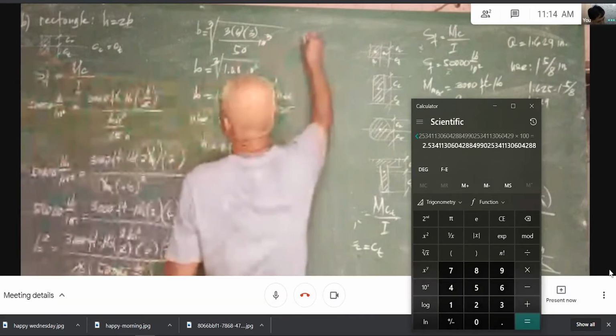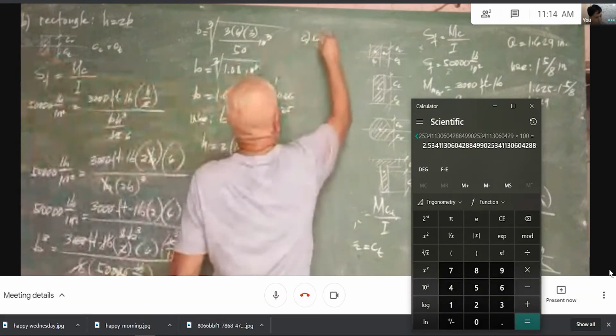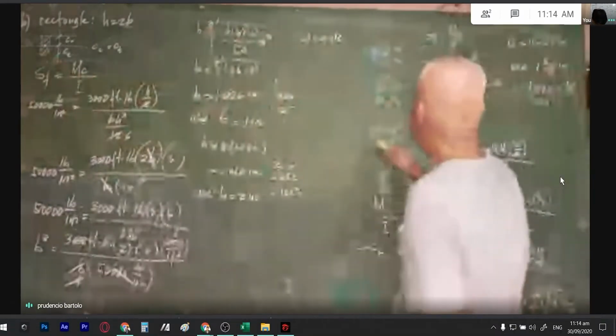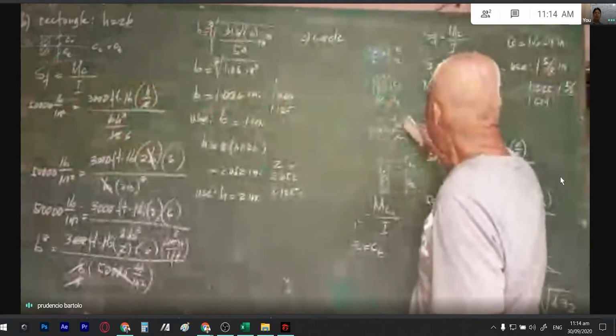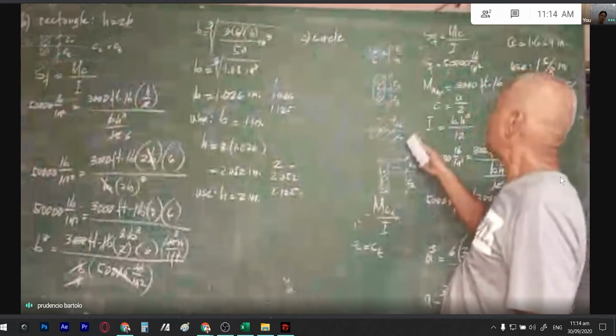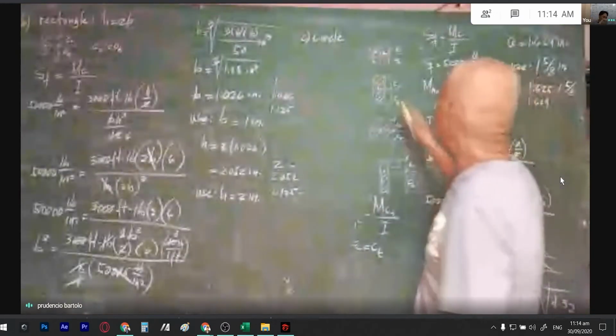For letter C, that is for the circle. Now, for the circle in here, C under compression and C under tension, this is still the same.